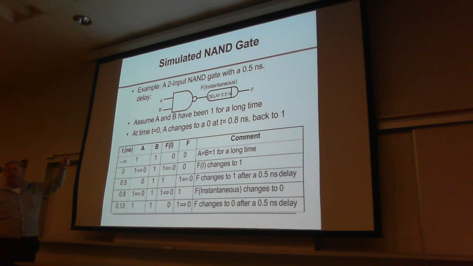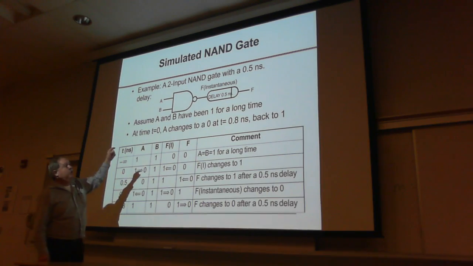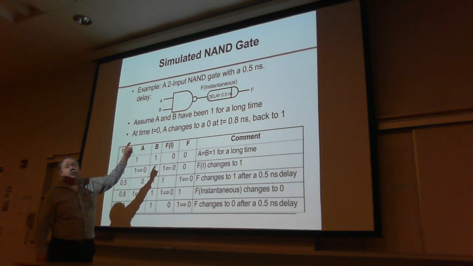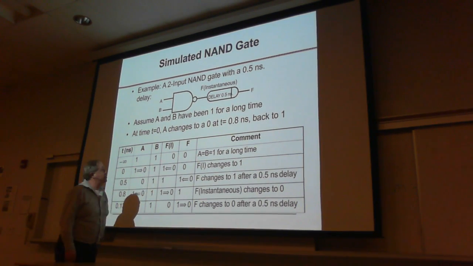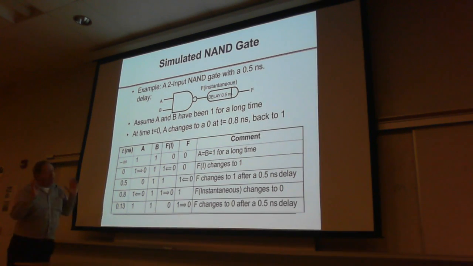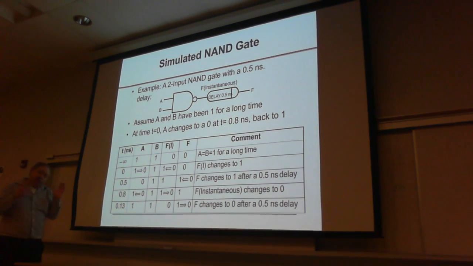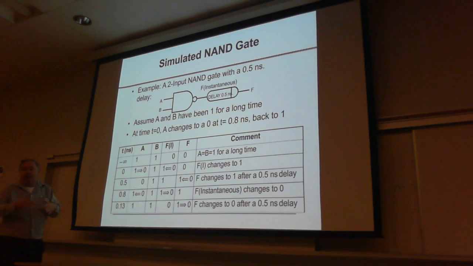F is 0. 1 and 1 would normally be 1, but this is a NAND, so it'll be 0, right? So F is said to be 0. Okay, so that's our stable condition. That's our going in. It's had lots of time to sit there and stabilize and get the right answer of 0. Okay? But then we say at time 0, I guess this other time was pre-0 or something smaller than 0, A changes to 0.